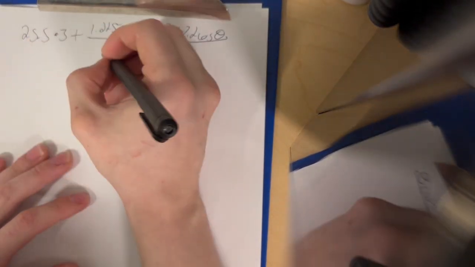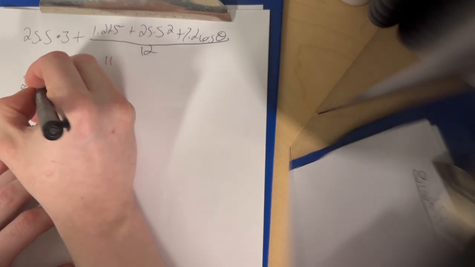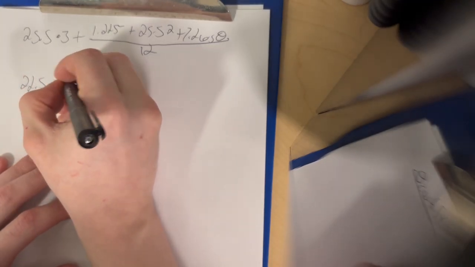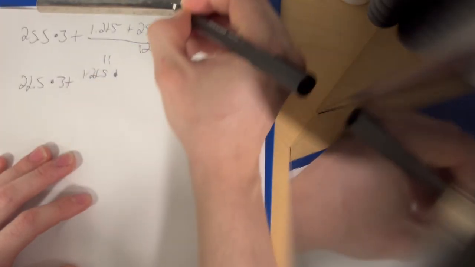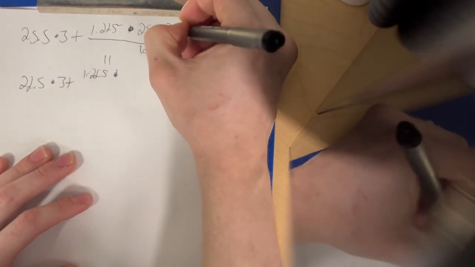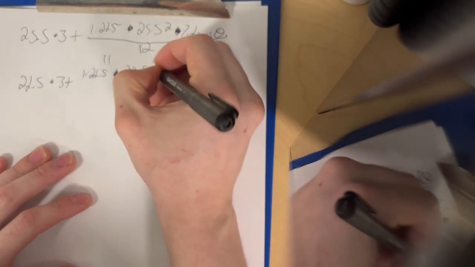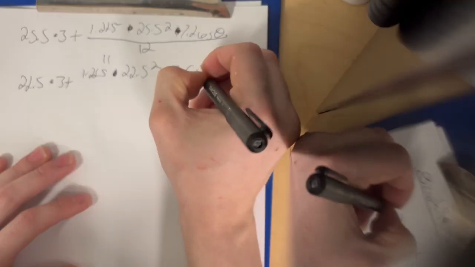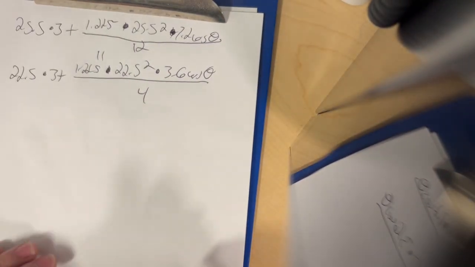And that is going to be equal to your 22.5 times 3 plus 1.225, apologies, times 22.5 squared times 3.6 cosine theta all over 4, since m is 1 in this case.